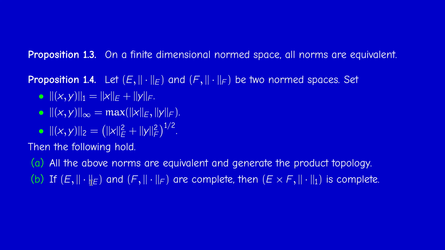And if the two spaces are complete, then their product is complete. Take any norm. Okay, we said that all these are equivalent. So if one is complete, the other is complete. So it's irrelevant which norm we take.